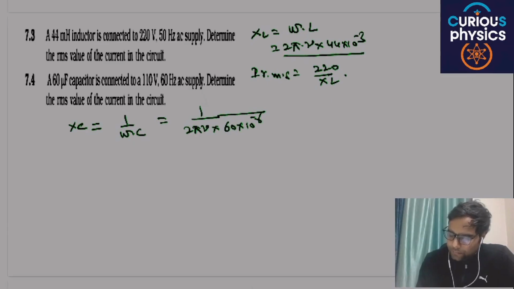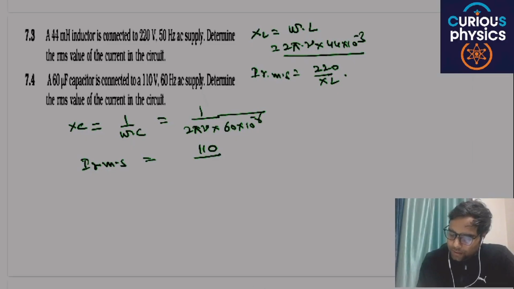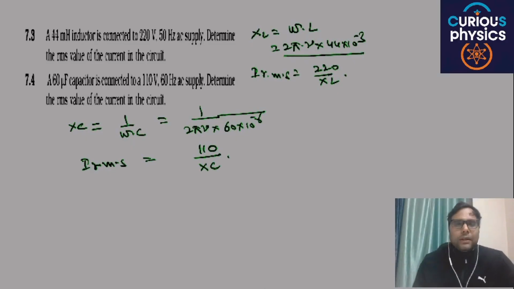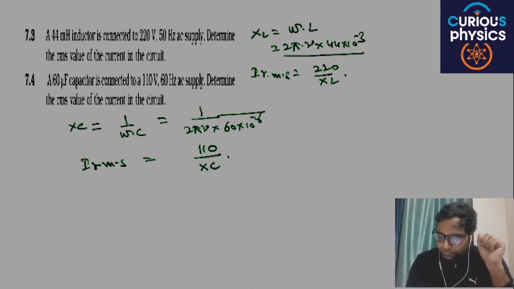You will get this capacitive reactance, and IRMS will be the potential VRMS divided by XC. You will get your answer. Okay, these are directly formula based questions, not very conceptual type of questions. Are you getting my point or not?